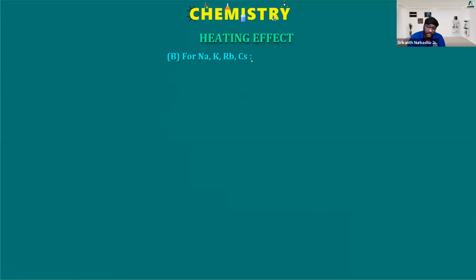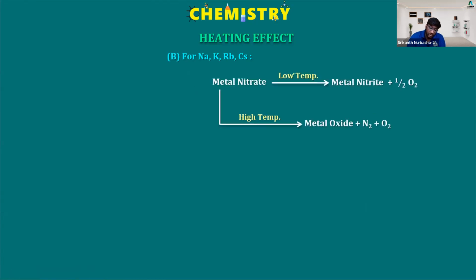Sodium, potassium, rubidium, cesium nitrates can also be heated under two different conditions. Low temperature and high temperature will give different types of gases. At low temperature you get metal nitrite and half O2. At high temperature you get metal oxide, N2 and O2. N2 is diamagnetic in nature, no unpaired electron.